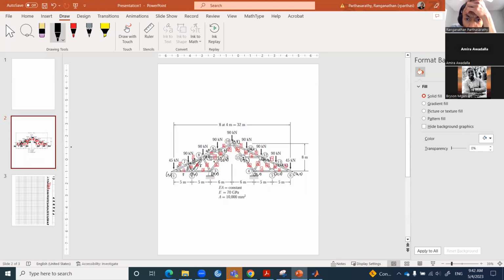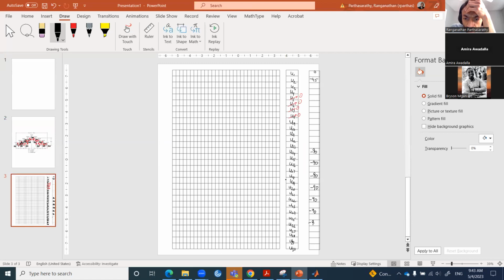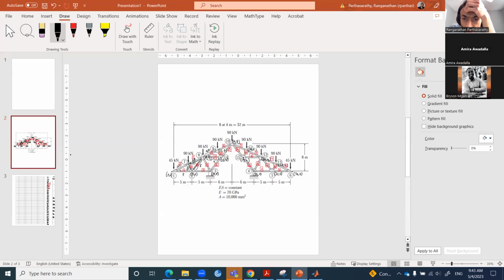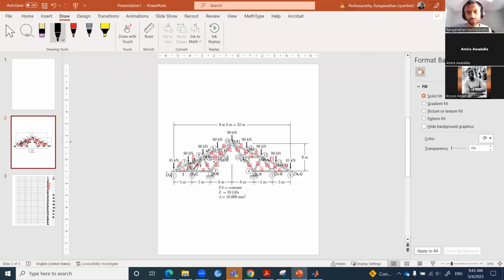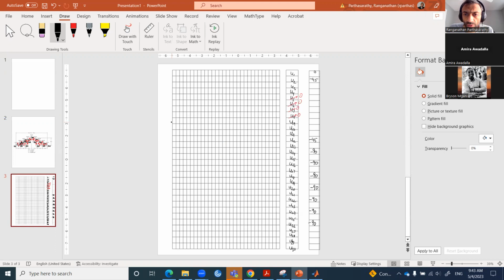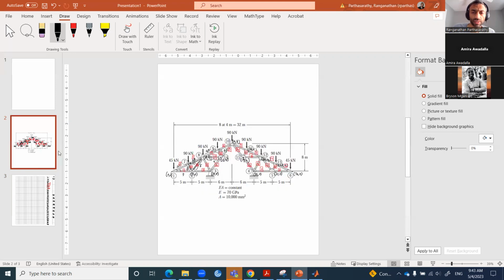Then F26 is negative 90. Then F12 is negative 45. So totally we have 9 forces. So we put on 1, 2, 3, 4, 5, 6, 7, 8, 9. Okay, so that should be right.